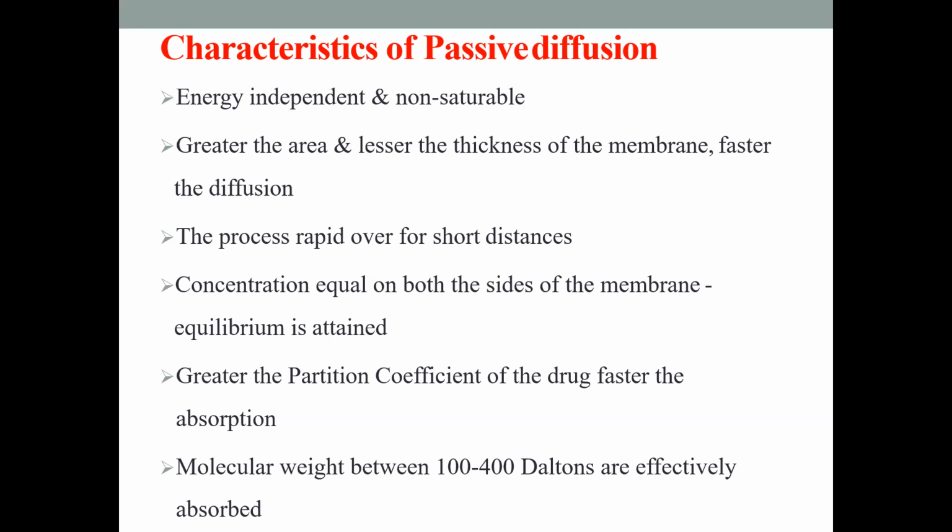For example, cyclosporine A, which has a molecular weight of 12,000 daltons, mainly absorbs orally much better than any other peptides. So mostly molecular weights of 100 to 400 daltons are effectively absorbed through passive diffusion.